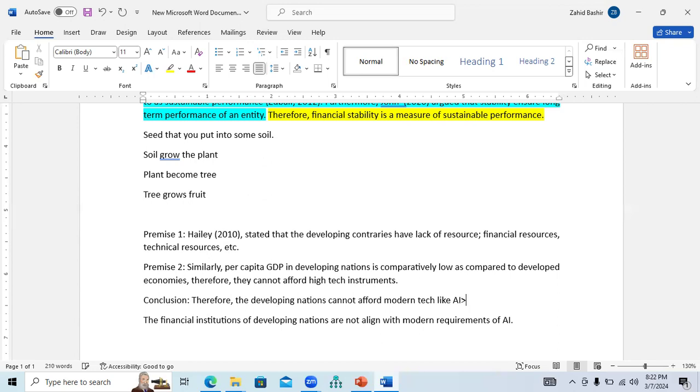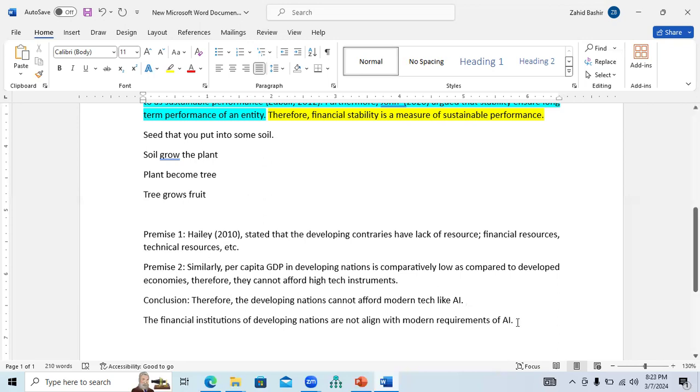Now, this is the conclusion which I am making. The first one says that they have lack of resources, like technical and financial. The second one says the GDP is very low in these economies. Therefore, if you have a lack of financial resources, you cannot afford high technology.